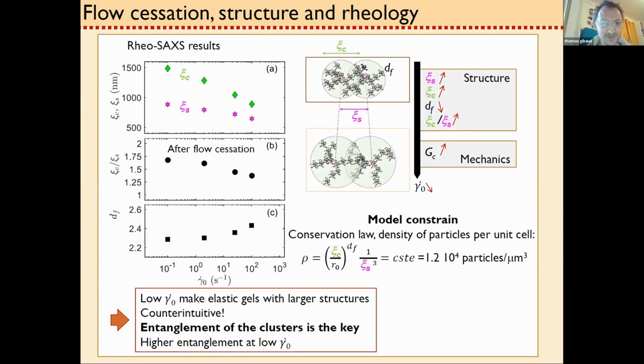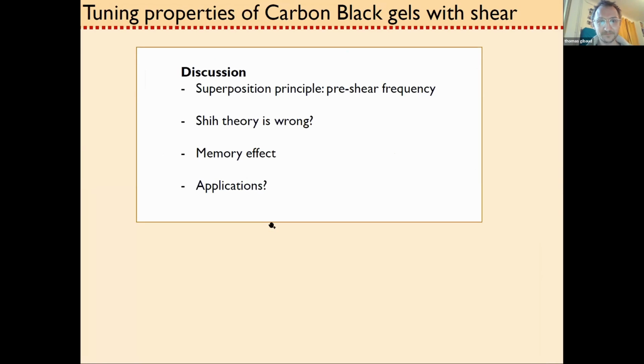And here we have something much stronger, between 2.3 and 2.5. So we're exploring a different route than Shih, and I think that's why Shih theory doesn't apply here. So it's a bit extreme to say it's wrong. It's just not the right context to apply it.